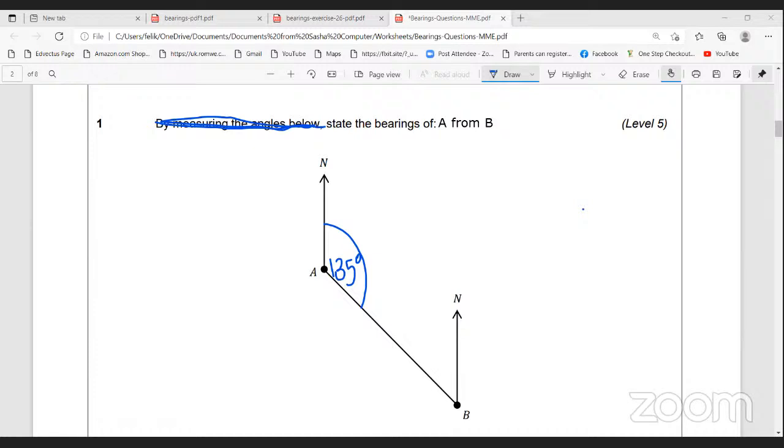All right. The first thing I want to tell you is that the word from tells you where the bearing is, where the angle is going to be. Let me write that down now in another color, red. The word FROM tells us the point where the bearing is.